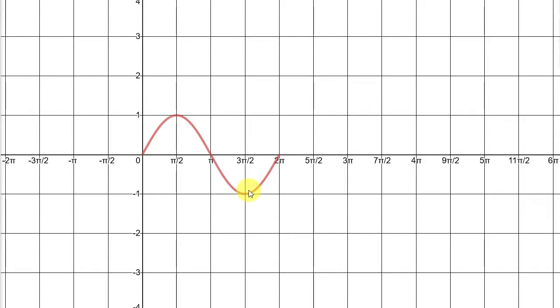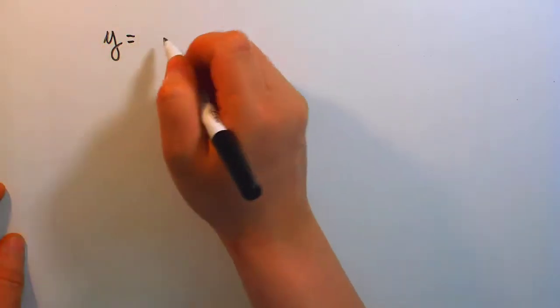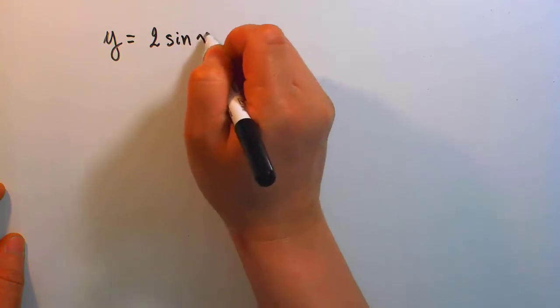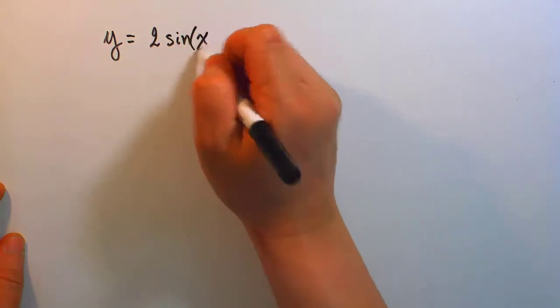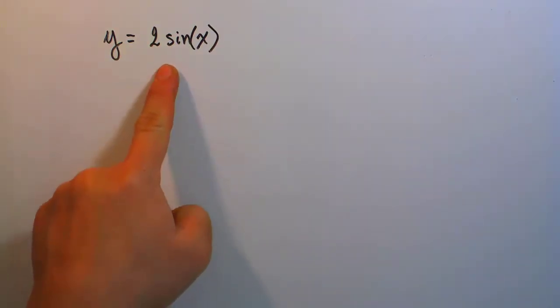And now, still leaving the sine of x on my graphing calculator, I am going to put the graph of the function y equals 2 sine of x together with our original sine of x function, so that we can investigate what has changed and how this new function compares to our original function.